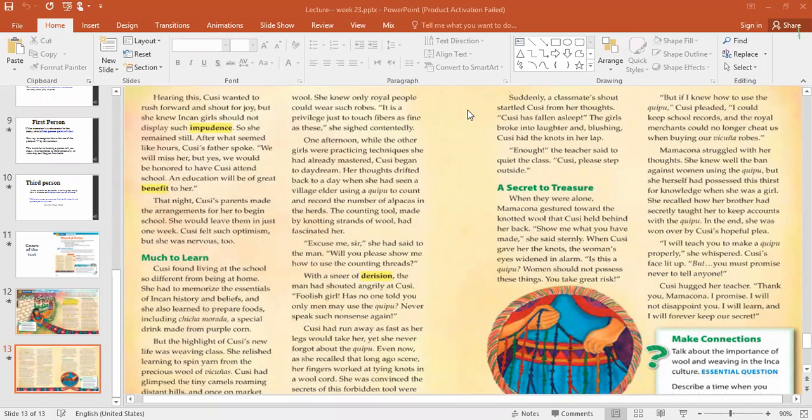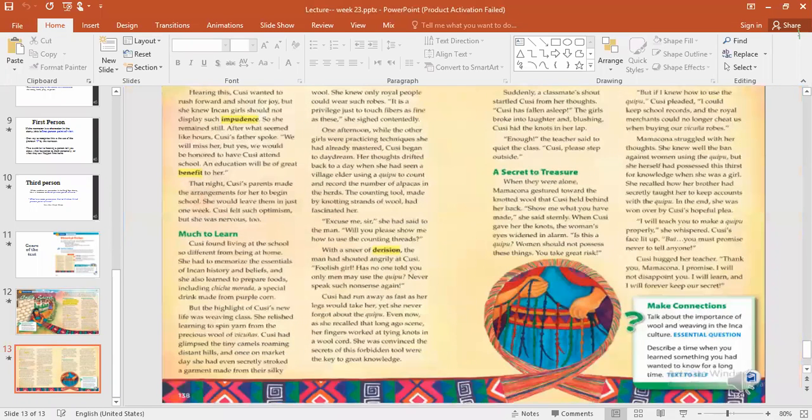Kuzi had glimpsed the tiny camels roaming distant hills, and once on market day she had even secretly stroked a garment made from their silky wool. She knew only royal people could wear such robes. It is a privilege just to touch fibers as fine.